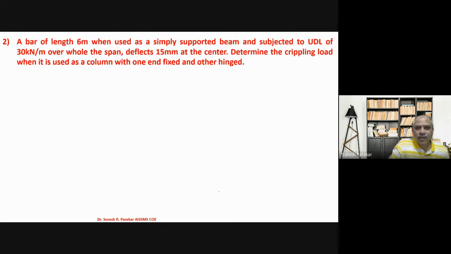Then we have the second problem, which is a little bit similar to the first problem. We have given over here 30 kilonewton per meter. So we have a UDL on a beam, and we have this as 30 kilonewton per meter. Now the span is given as 6 meters, and the data is as shown in the figure, and delta is given as 15 millimeters.